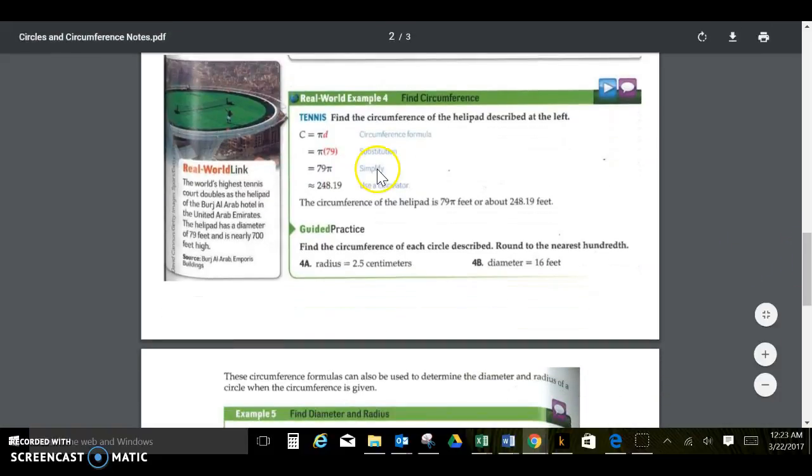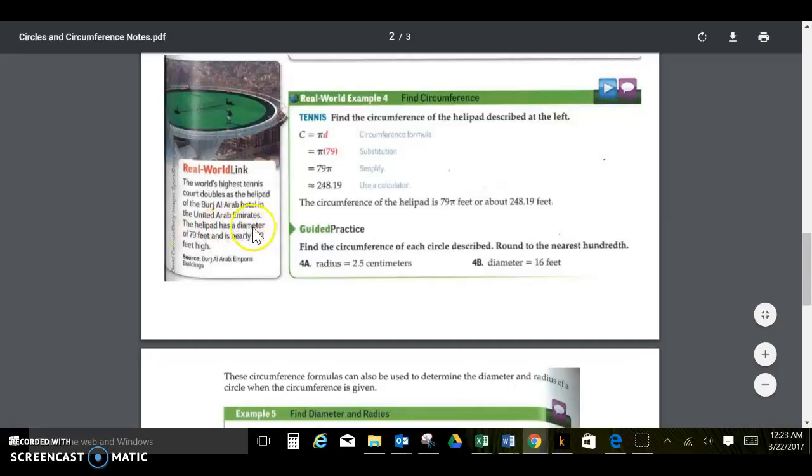So if we were to do a circumference problem, it says find the circumference of the helipad described at the left. Okay? So let's see, it says the world's highest tennis court doubles as the helipad of the Burj Al Arab Hotel in the United Arab Emirates.